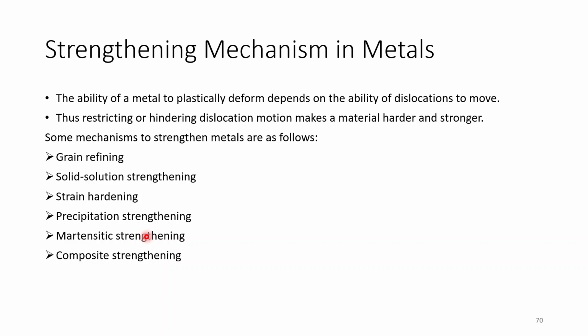When you quench steel, martensite forms, which has very high hardness. Next is composite strengthening: when you add fibers or other reinforcements, it becomes a composite, which also provides strength to the material.